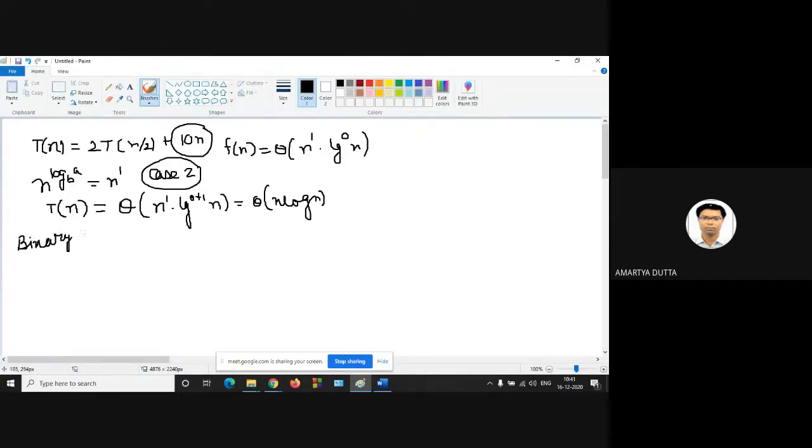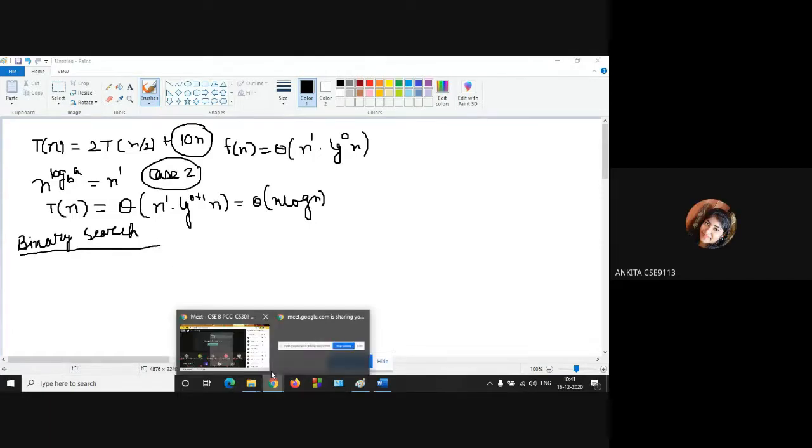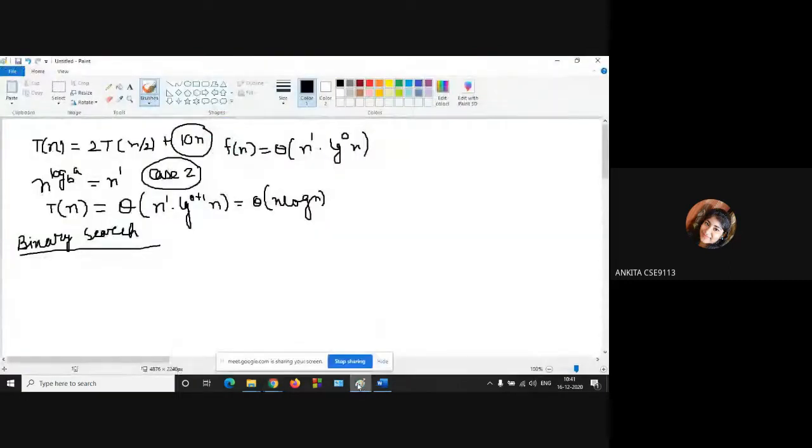So T(n) is equal to 2T(n by 2) plus order of 1.